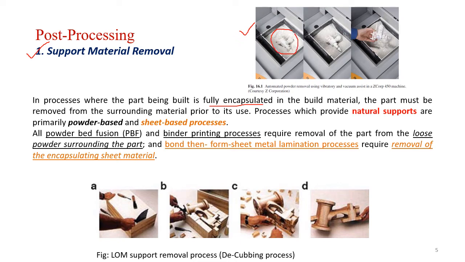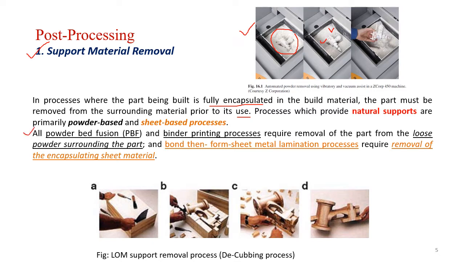The part must be removed from the surrounding material prior to use. So before you use it, you have to remove the support materials. For processes which provide natural supports, primarily powder bed and sheet based processes, the support material is the build material only, and that has to be removed.